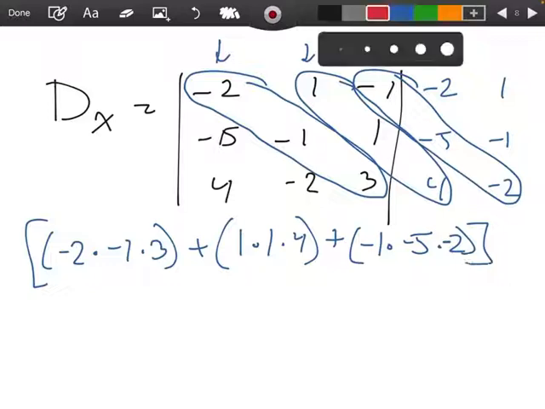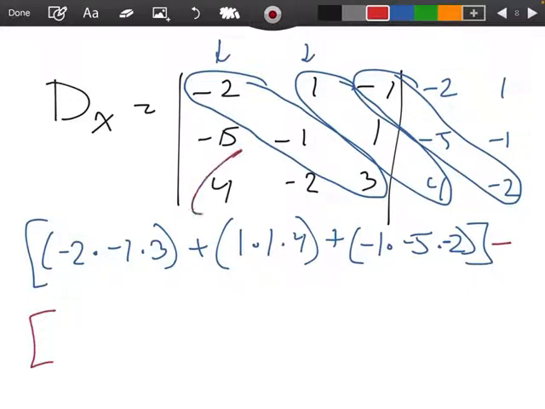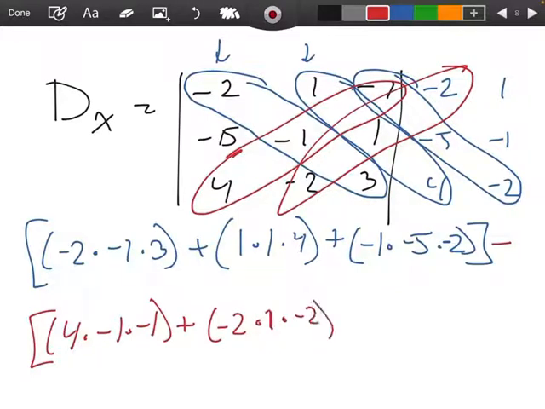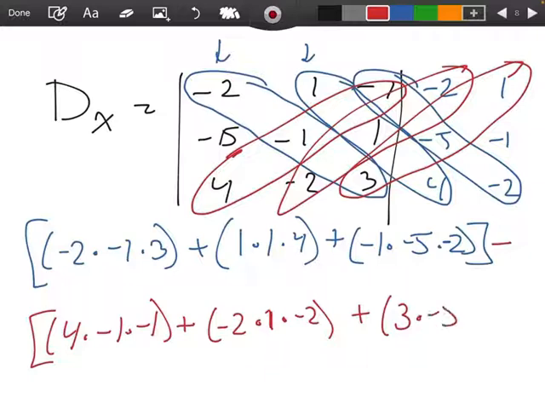And then remember, y'all, we're going to subtract, and I'm going to start going diagonally, but this way. So 4 times -1 times another -1, plus, go along this way, -2 times 1 times -2, plus, I'm going to go along this way, 3 times -5 times 1.